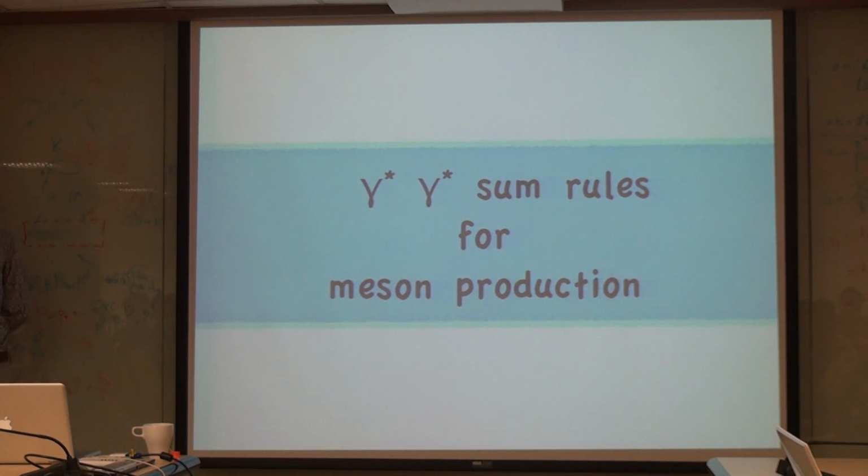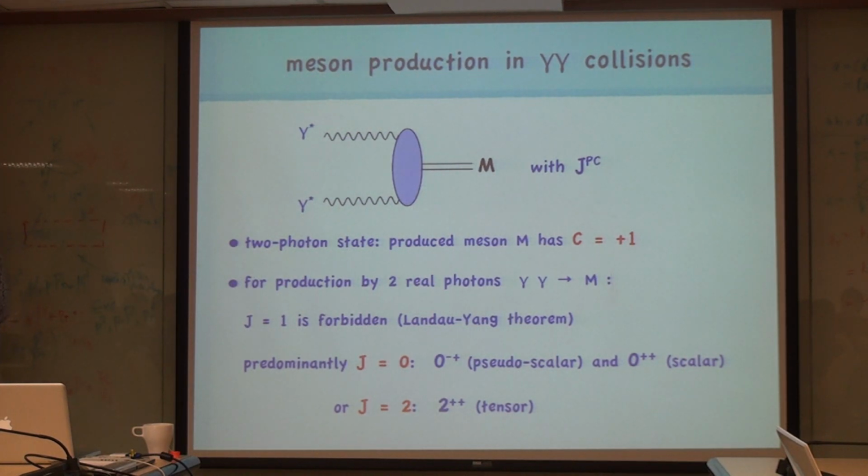So what can we learn from those sum rules? If we produce hadrons, mesons typically, these two photons give rise to a meson, and this meson has quantum numbers: total angular momentum, parity, and charge parity. So what's the C parity, the charge parity of a photon? It's a vector, so it's minus.